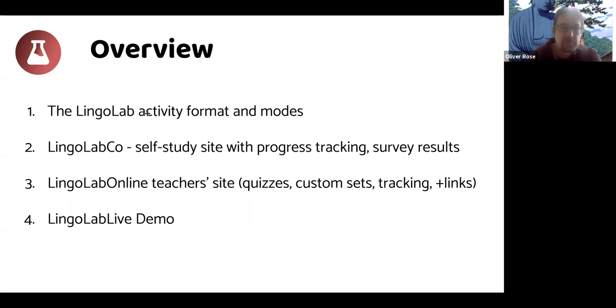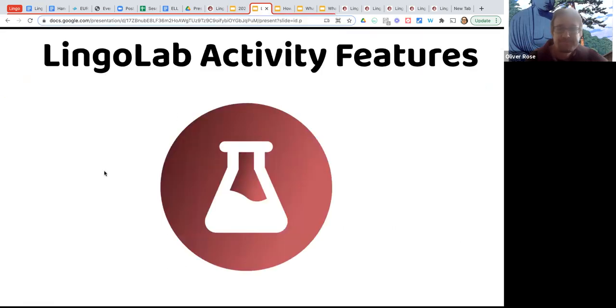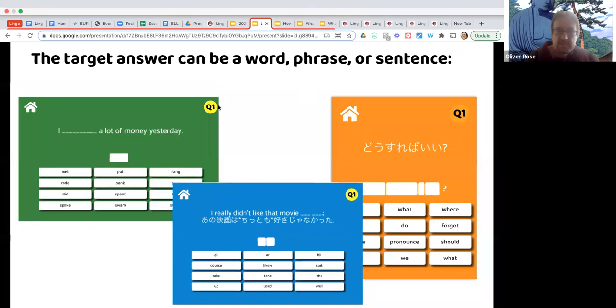Let's move on to the LingoLab activity. Across these 3 different sites, it's all using the same kind of activity, but with different functions in the different sites. We can see here just a few examples of the different kinds of formats for the answer.